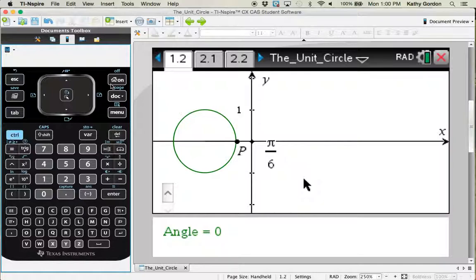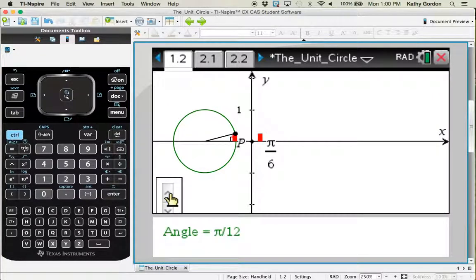And so this graphic shows you that if I increase the angle measure and rotate it around starting at 0, as I do that, we can take what that y value is, or what that height is of the point above that x-axis, and plot it. So this is actually pi over 12. There's pi over 6, pi over 4, pi over 3, 5 pi over 12, pi over 2.